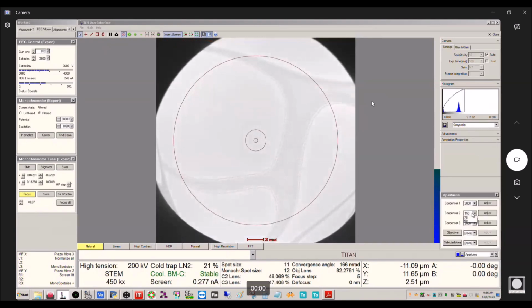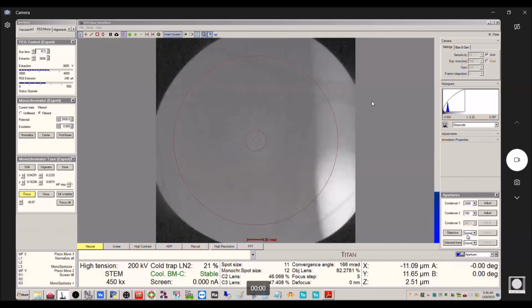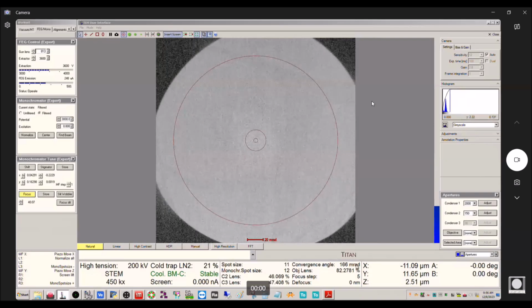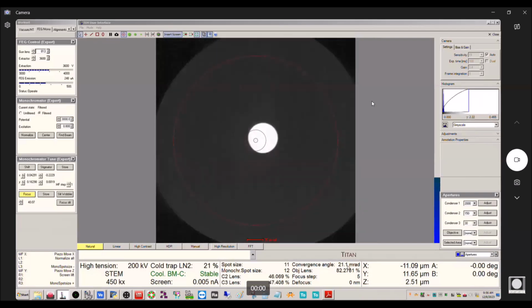It doesn't matter which C2 aperture, it literally doesn't. We can leave this on the 150 just to make this simple. Now the one that we're going to want to use here should be the 30. This should give us a convergence angle that's around 20. It's a little bit higher than it was previously.